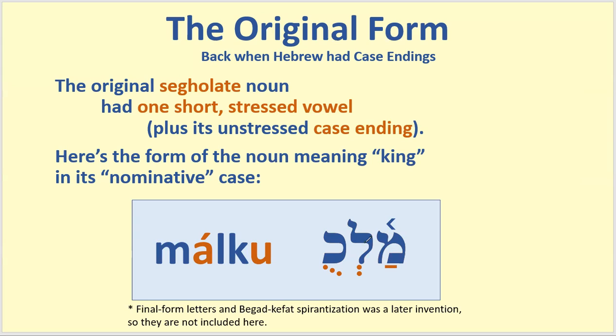Let's just call it malku. The u here underneath the kaf is representing the original case ending that was ultimately lost in Hebrew. But the point is that the pronunciation of it, malku, is where that patach, that a vowel, originally comes from.